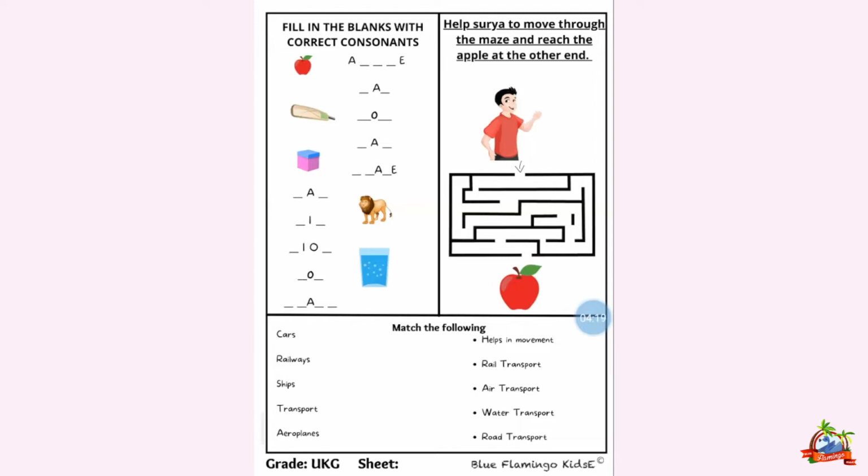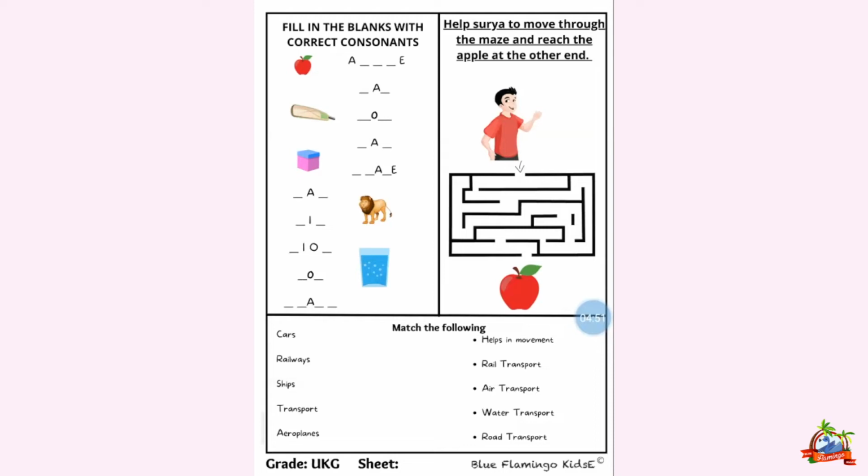Q for queen. R for rabbit. S for sun. T for tiger. U for umbrella.